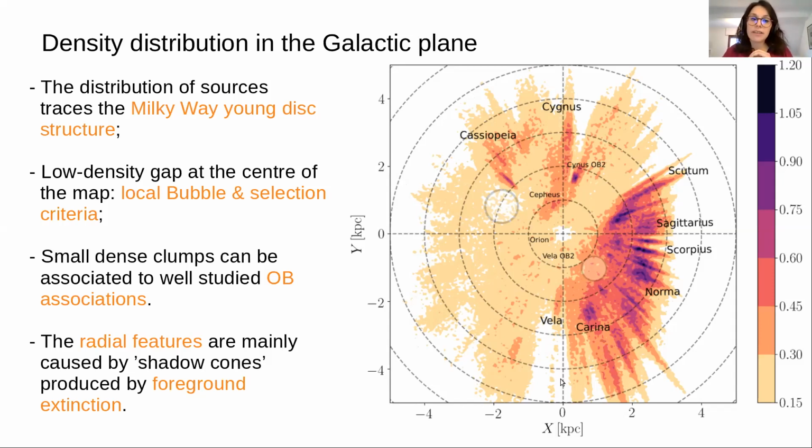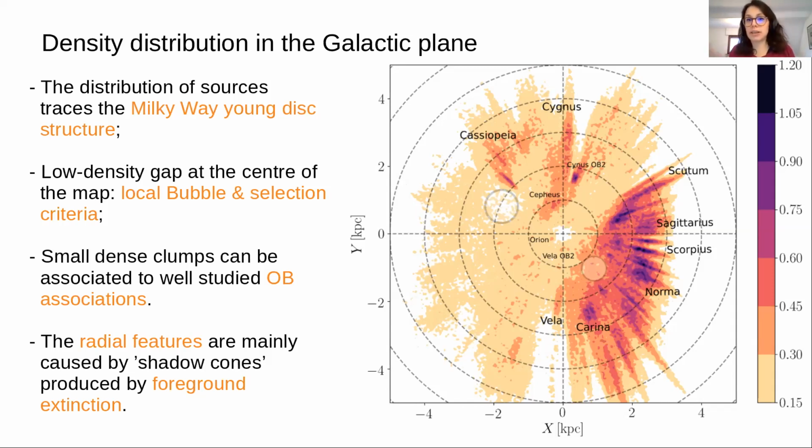Finally, there are radial features, and these radial features are due again to a combination of factors. First, the farthest things that we can see, we can see because we can pierce through the dust. So in some regions we can see through nearby clouds.